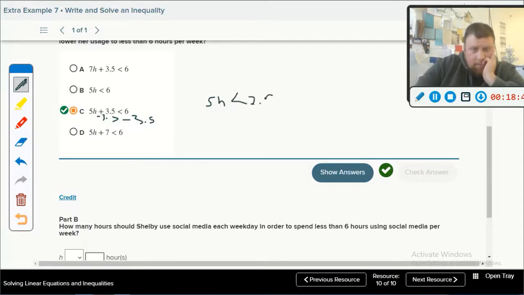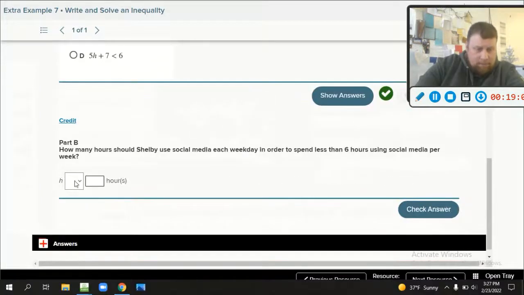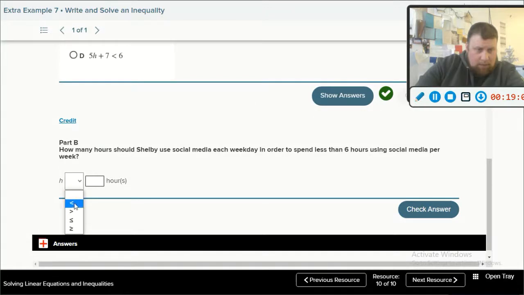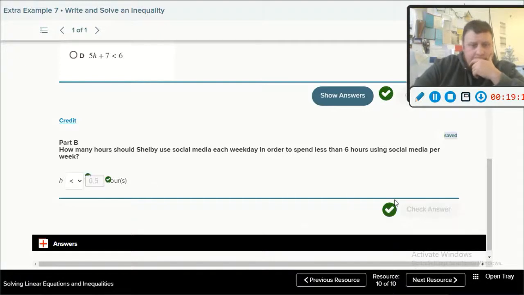And we need to divide both sides by 5, which 2.5 is half of 5. So that means she needs to spend less than 0.5 hours, right? The hours need to be less than 0.5. H should be less than 0.5 hours. Look at that. Awesome, guys.